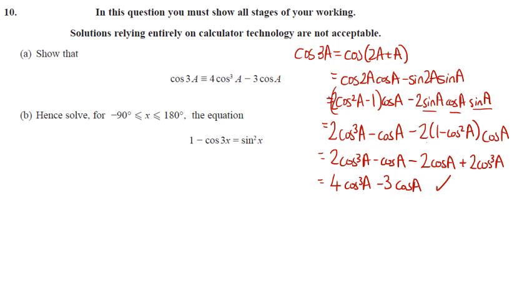B, hence solve this equation. So let's use our identity. Whenever it says hence, that means the easiest way is to use the previous proof, what you've done in the previous step. So I've got 1 minus, so cos 3x we're going to replace by 4 cos cubed x, and then 3 cos x.